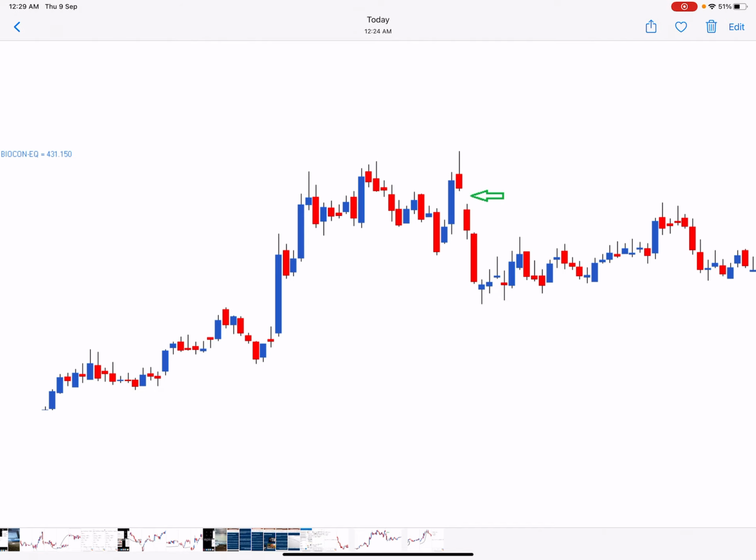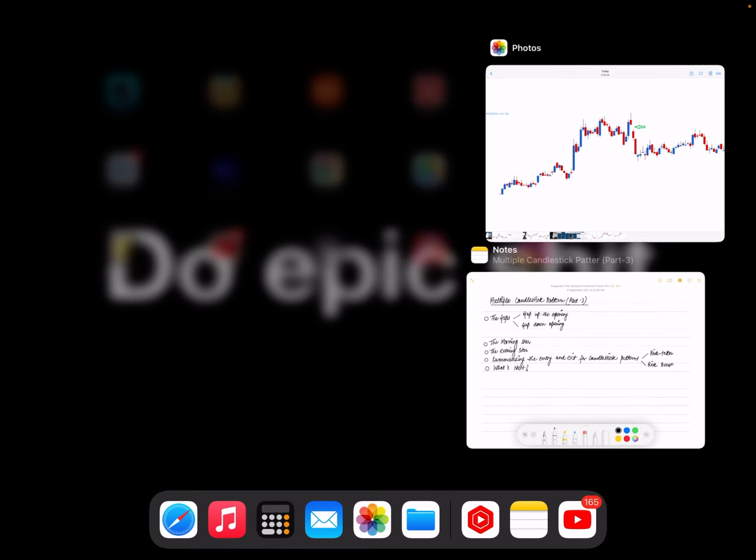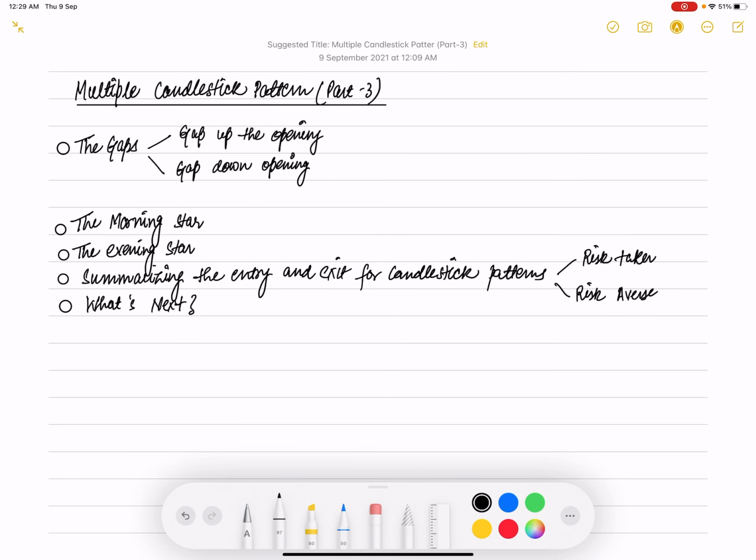Now coming to the morning star. The morning star is a bullish candlestick pattern which evolves over a 3-day period. It is a downtrend reversal pattern. The pattern is formed by combining 3 consecutive candlesticks.